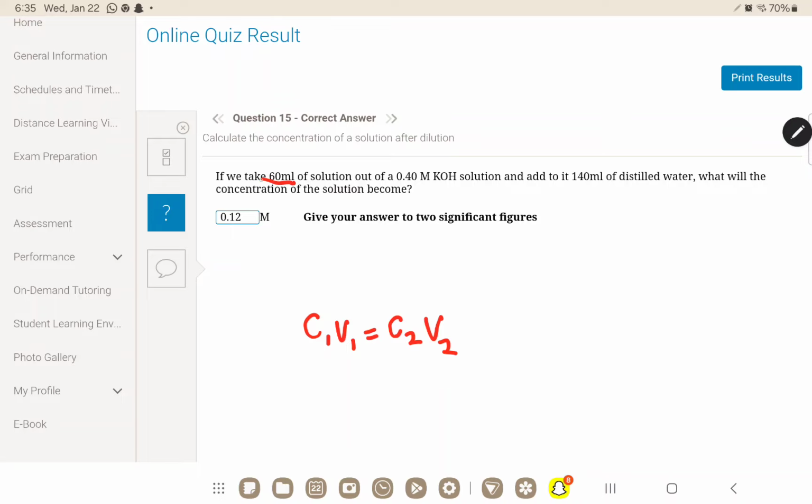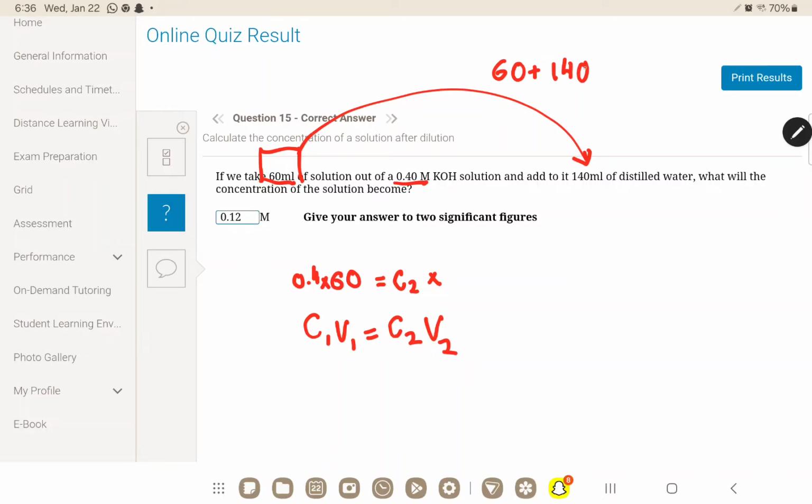You take volume 1 and concentration 1. So 60 times 0.4 equals concentration 2, which is what we need to find, times volume 2. How do you find volume 2? You take the 60 and you add it to 140 ml. What does that mean? You took 60 plus 140. 60 plus 140 will give you 200.